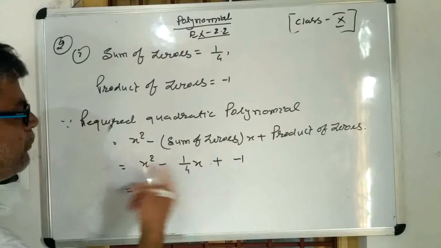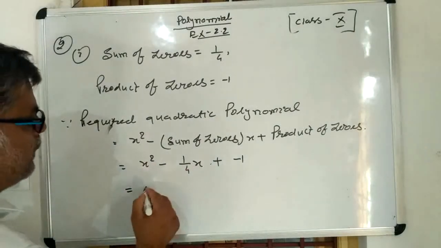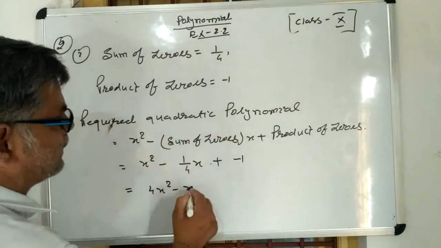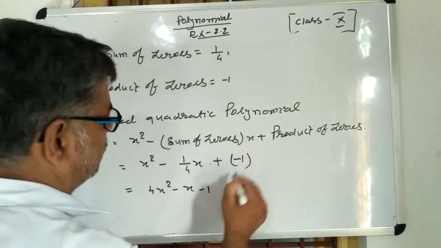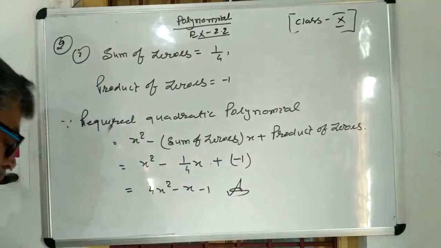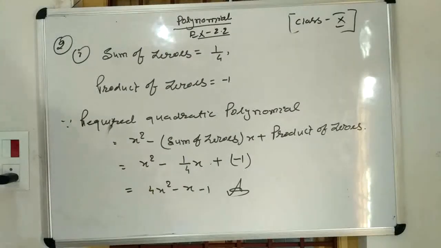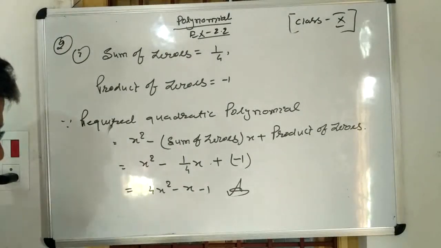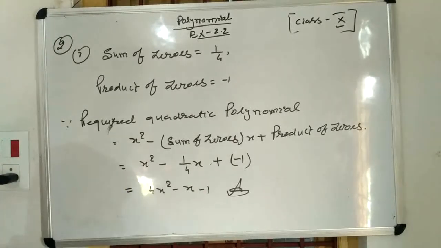So multiply by 4 in this polynomial, then you will have 4x square minus x minus 4.